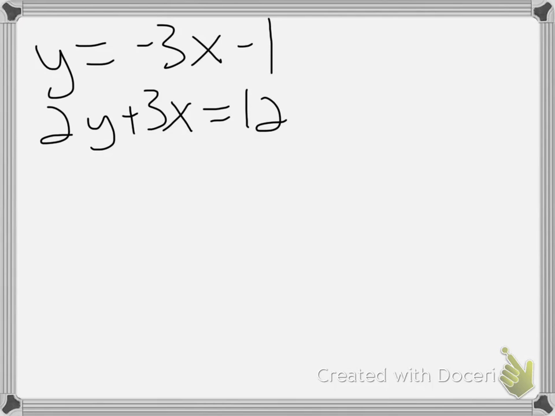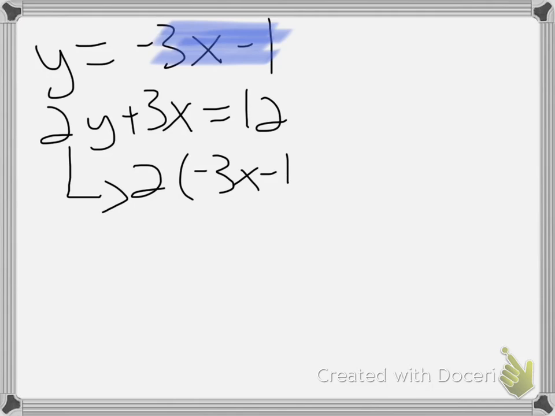Let's use a different color this time. So we're going to highlight this, right? We're going to end up substituting that into this equation, right? So 2 times negative 3x minus 1 plus 3x equals 12.